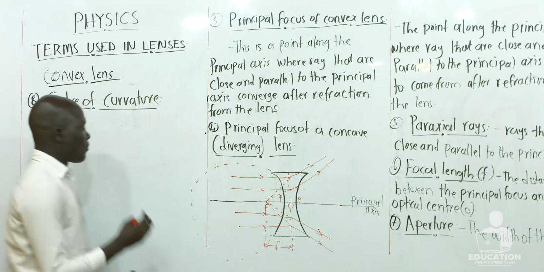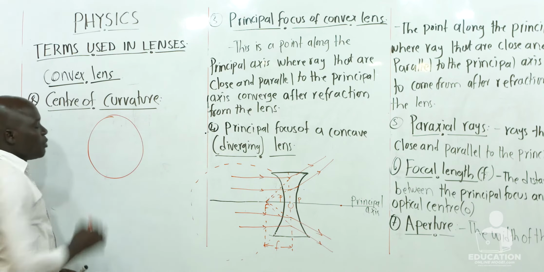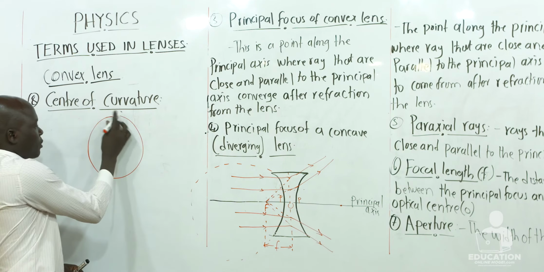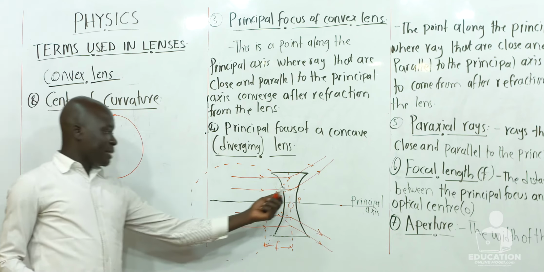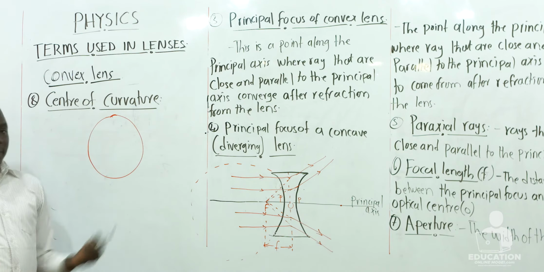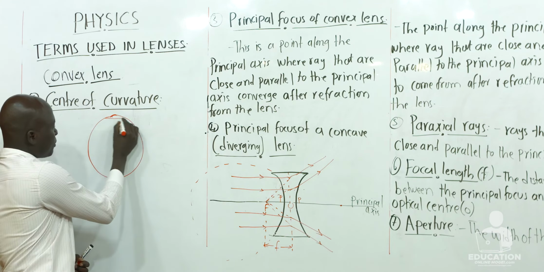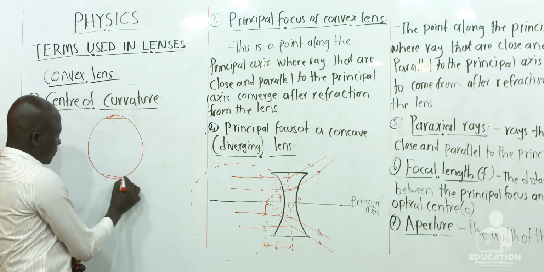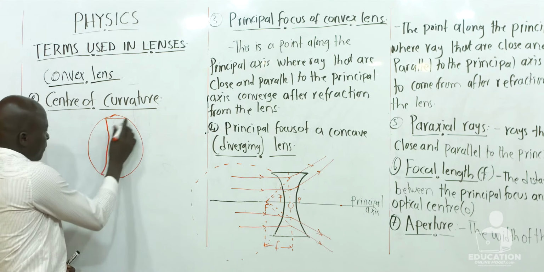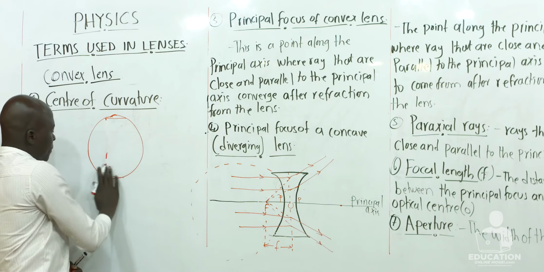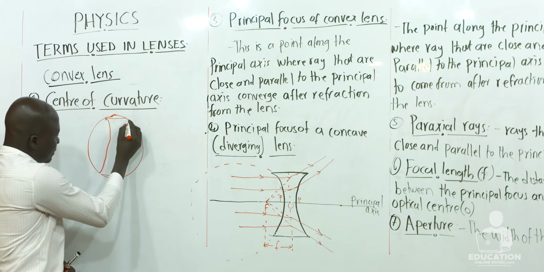Dear learners, notice if you have this to be your sphere, you can cut a lens from this sphere. Let's cut a concave lens from this sphere. If we cut this portion of the sphere, then it will form a concave lens.